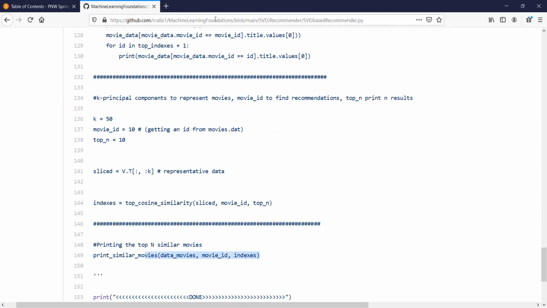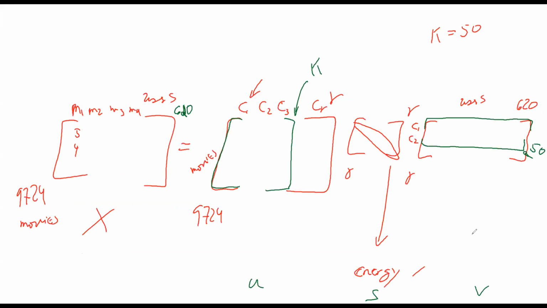So if we go back to the WordPad, you can see here, this was the original X. After singular value decomposition, we get U, S, and V, and then we slice only the K. K in this case is arbitrarily 50, or maybe let's say that by energy we calculated 64, something like that, but we slice it out.